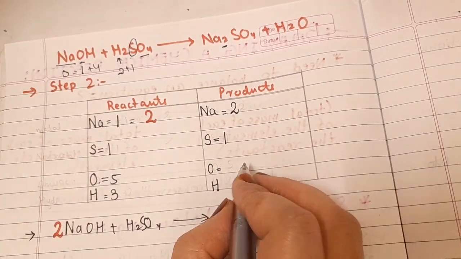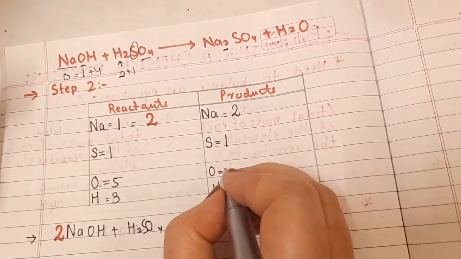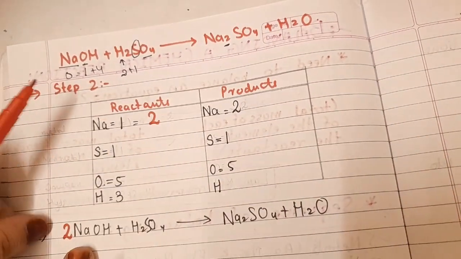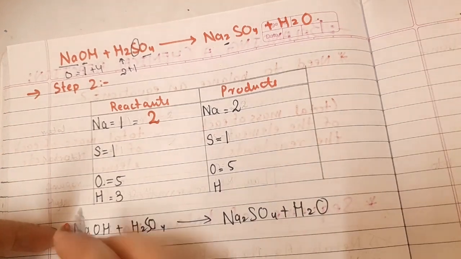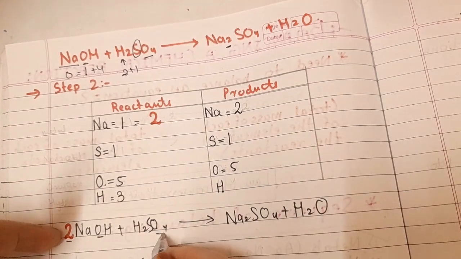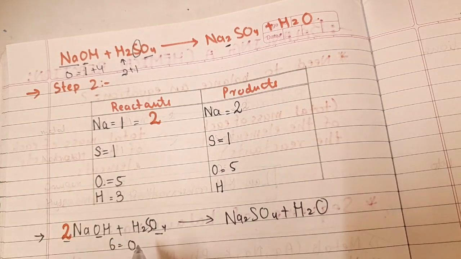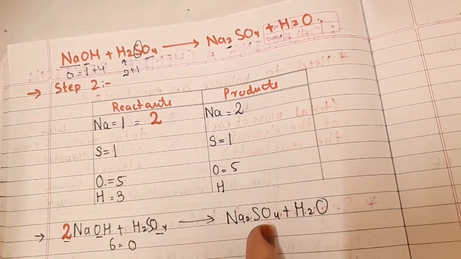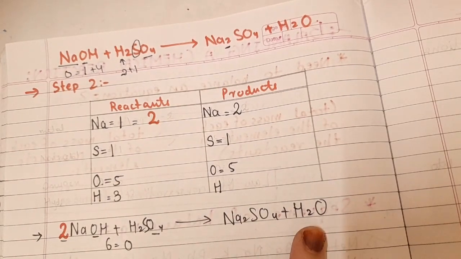After balancing sodium we get 1 oxygen element extra. That means here 2 plus 4, a total of 6 elements of oxygen are there. For balancing this, we need 2 elements extra here.